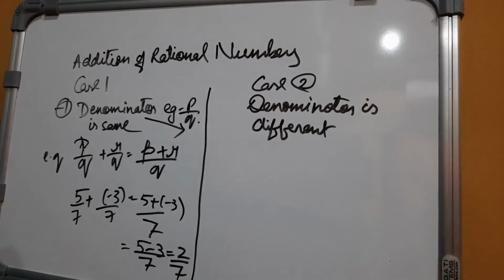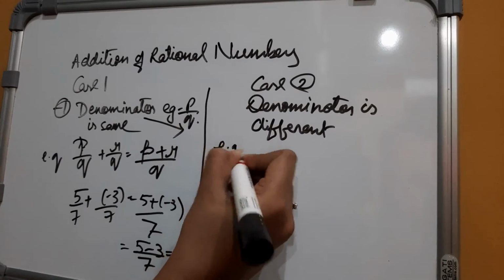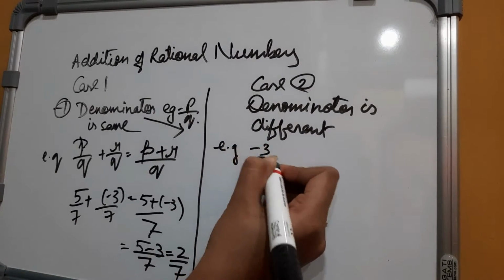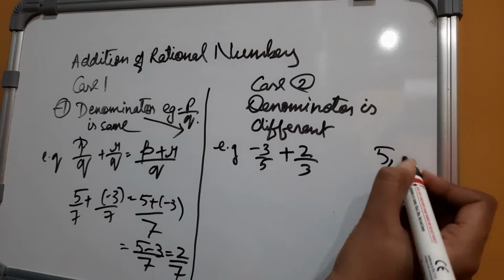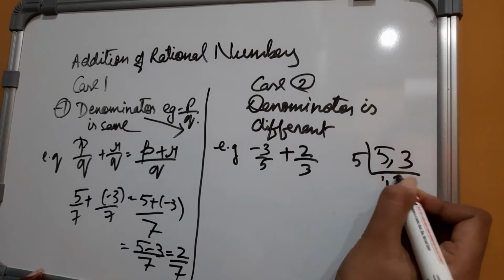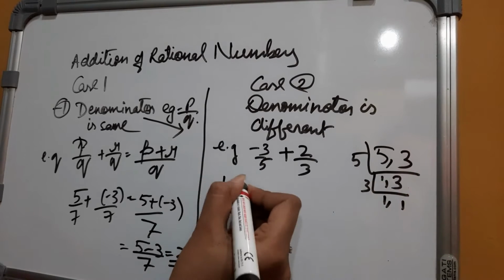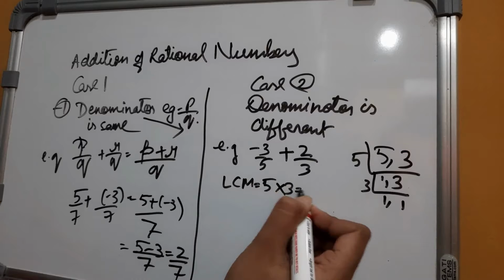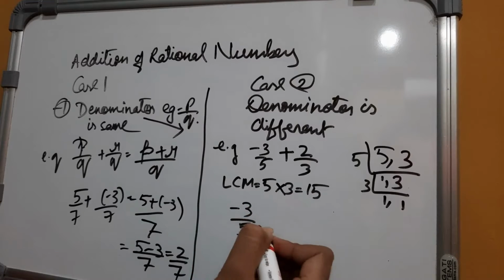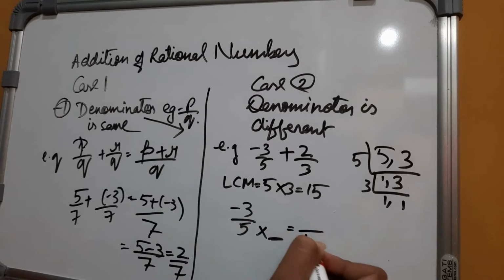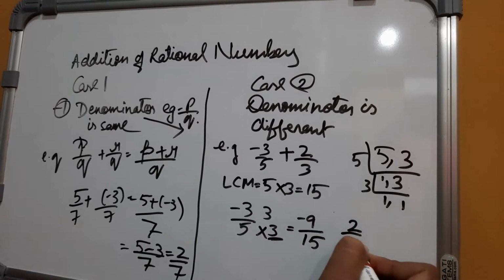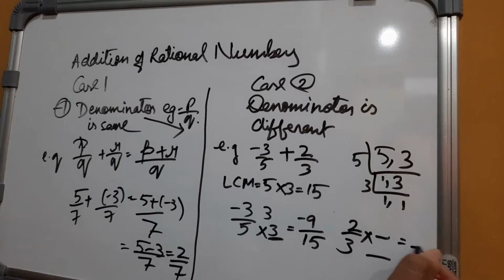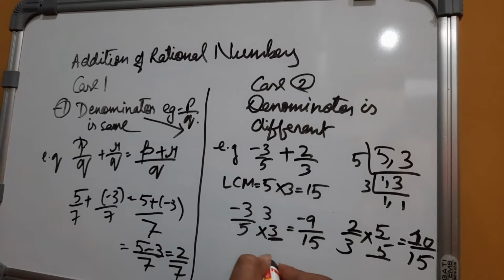Now in second case, let us take the example minus 3 by 5 plus 2 by 3. So now what we will do, we will take the LCM of 5 and 3 which will be 15. 5 into 3 is 15. Now we will make the denominator same. So now what we will multiply? To 5, 3, to make the denominator 15. Similarly to 3 we will multiply 5 to make the denominator 15, and hence now we will add.